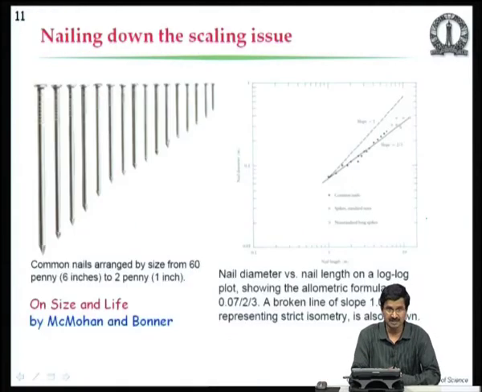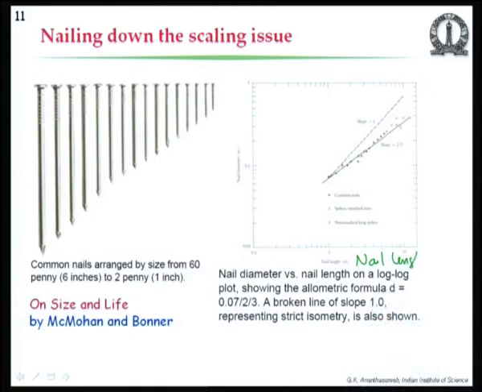This allometric relationship exists for nails also. If you look at the diameter of the nail compared to its length, it is not linear. So, if you plot it, it is actually a log plot which you cannot see very well. This is the nail length and this is the nail diameter.